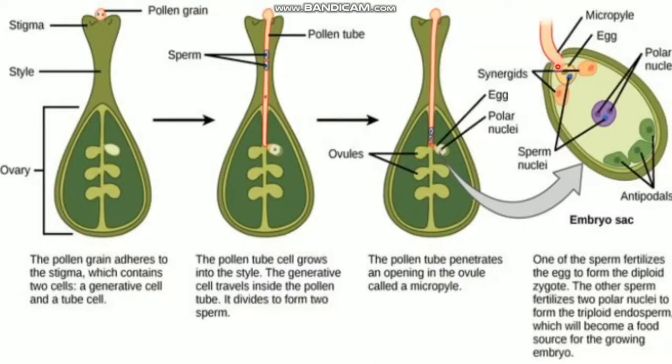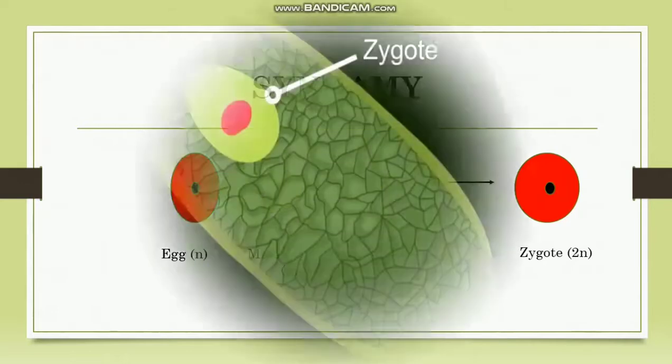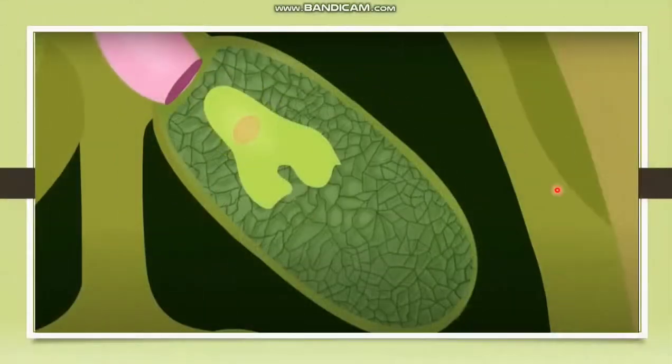After entering the synergid, the pollen tube's tip bursts and releases the two male gametes. One of the male gametes immediately fuses with the egg cell present in the egg apparatus and results in the formation of a diploid zygote. This zygote later on develops into the embryo.